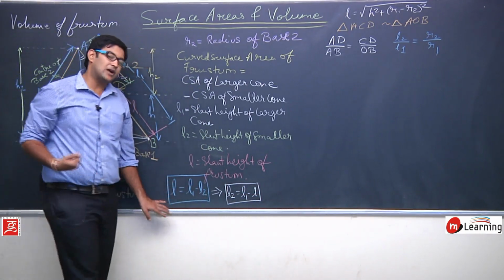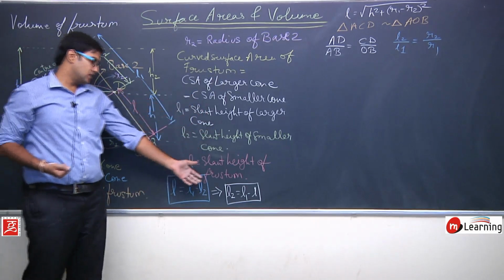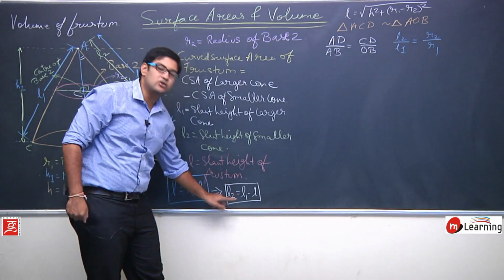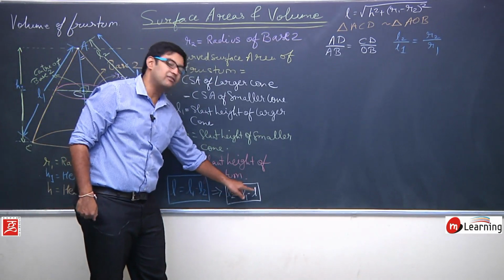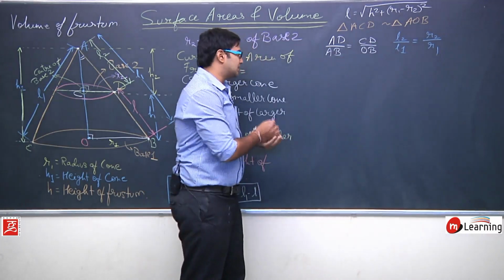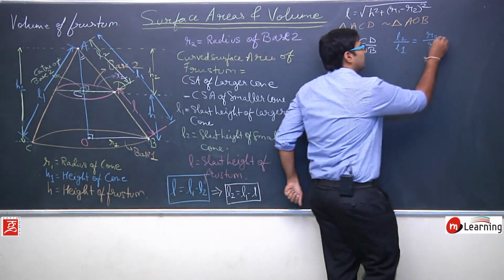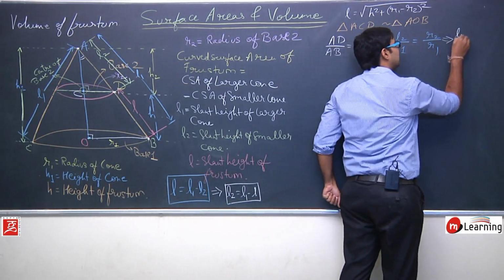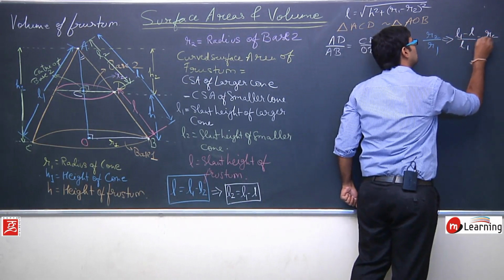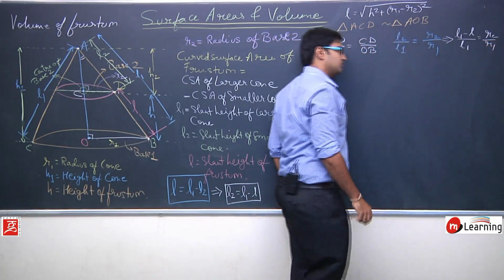L2 is shifted to the RHS, L is shifted to the LHS, and you will get L2 is L1 minus L. Now we will substitute this L2 value, L1 minus L, in this equation. So in place of L2 I write (L1 minus L) upon L1 is equal to R2 upon R1.